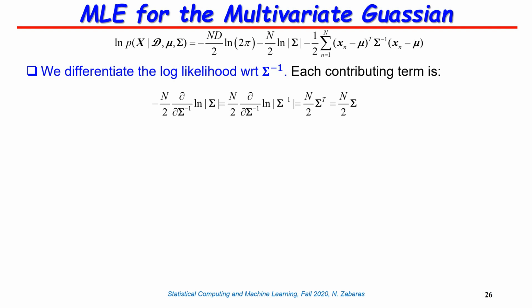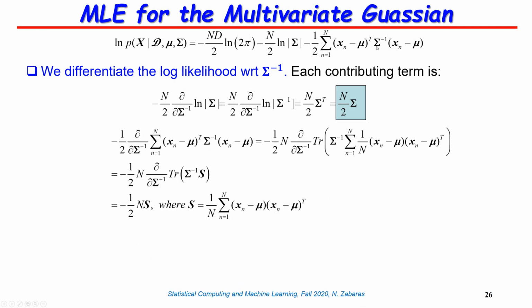And I'm going to use a formula that says when I differentiate the log of the determinant of a matrix A with respect to A, I get A minus transpose. In my case, I am going to get sigma inverse, another inverse transpose, so I'm going to get sigma transpose, which is equal to sigma. This formula, you will see in the bottom of the slide when I am done. So effectively, the derivative of this gives us n over 2 times sigma.